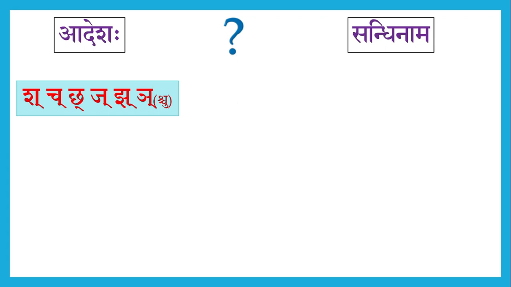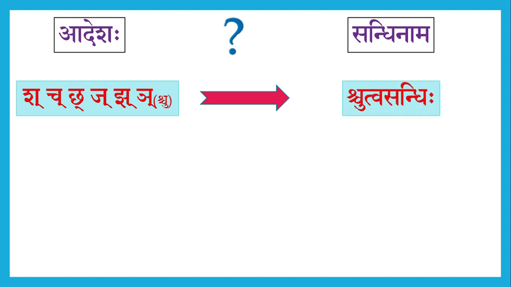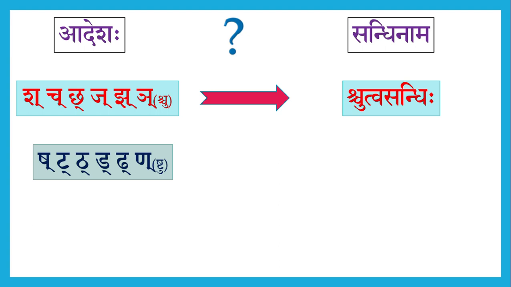The letters Sha, Cha, Chha, Ja, Jha, Nya in short are called Shchu, which comprises of Sha, that is an Avargiya Vyanjanam, and Chavargaha, that is Cha, Chha, Ja, Jha and Nya, which is collectively called Chu. Hence the name Shchutva Sandhihi.